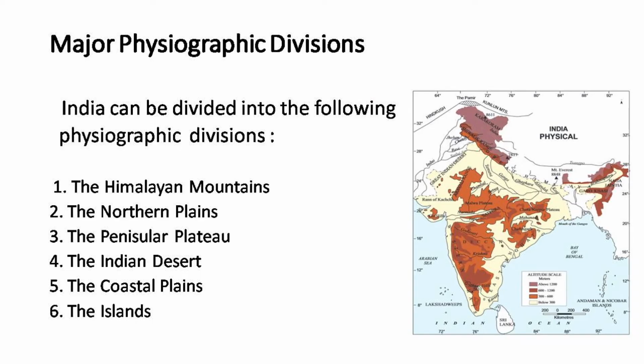Number 1, the Himalayas in the north, followed by the northern plains. Third, the peninsular plateau, the Deccan plateau. The fourth one is the Indian desert. The fifth, the coastal plains. And the last but not the least, the islands, right? So these are the major physical divisions of India.